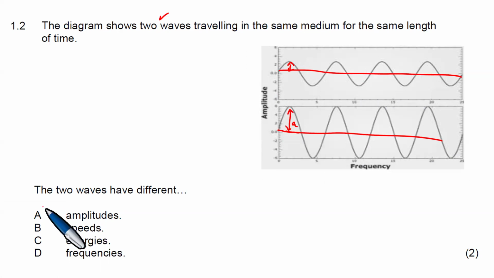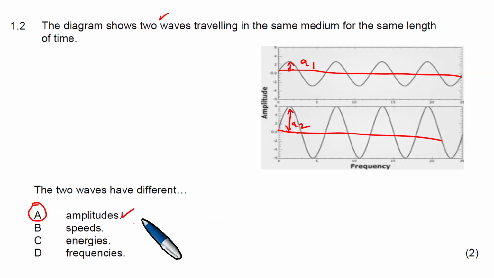So what we're sure of is that these 2 waves have different amplitudes, right? Where the amplitude is the distance from the vertical displacement, from the equilibrium position to the highest crest, right? So here there is some amplitude A1, there's some amplitude A2, and therefore these are different. Okay, so take note of that.